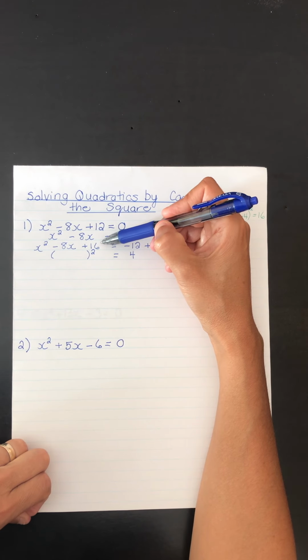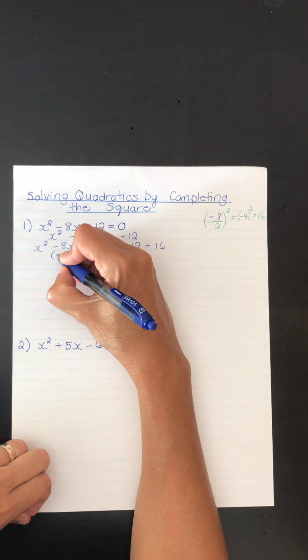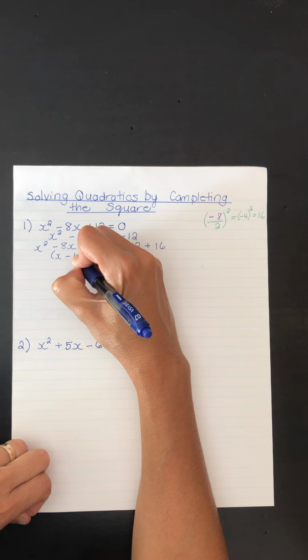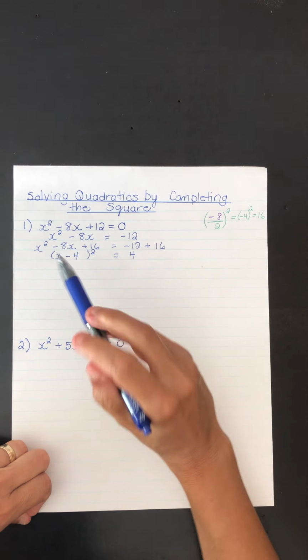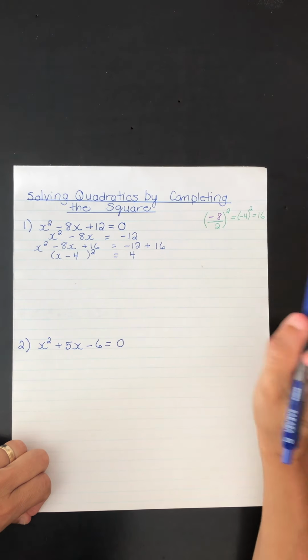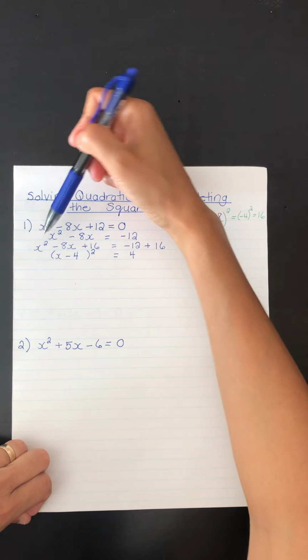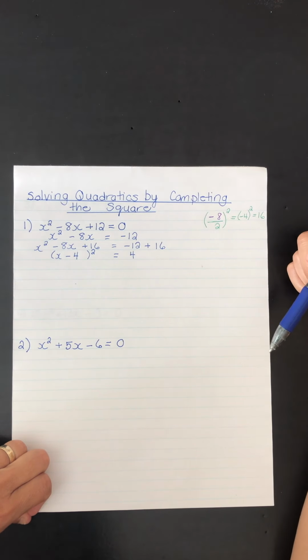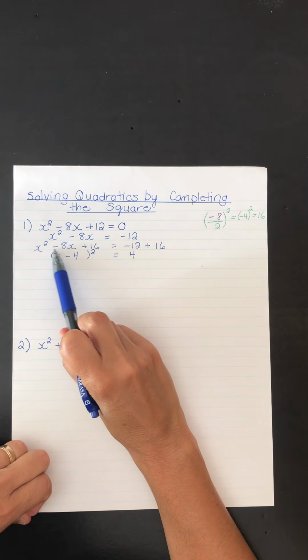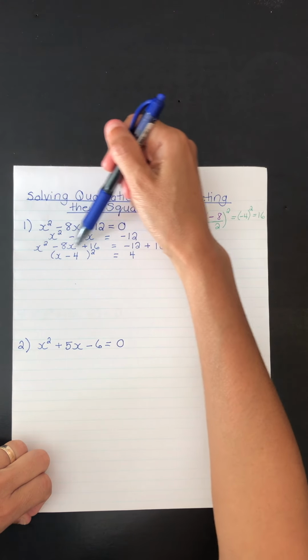This trinomial is the square of x minus 4. If you take x minus 4 and multiply it by x minus 4, you will get this trinomial back. In other words, this is the factored version of this trinomial.